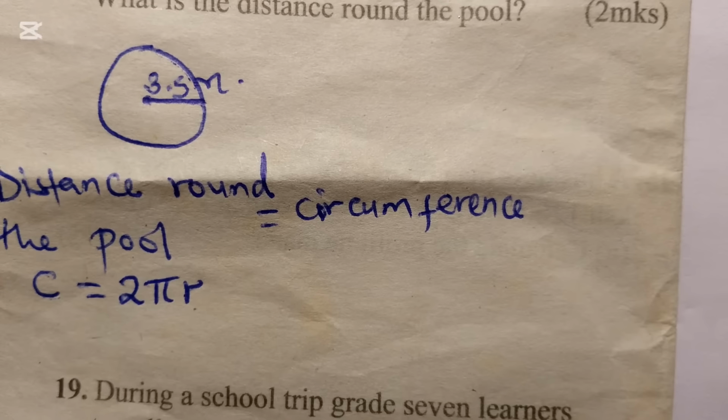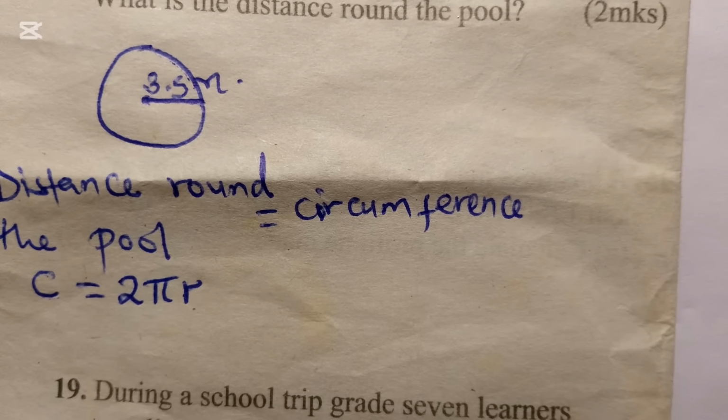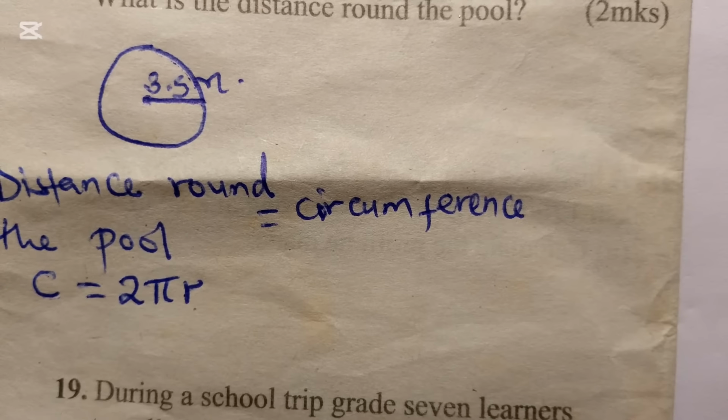You draw a circle, and with that radius, you literally measure the circumference using a string, and therefore you substitute the value of the circumference and the value of the radius, and you are supposed to get 22/7, that is, or 3.142.